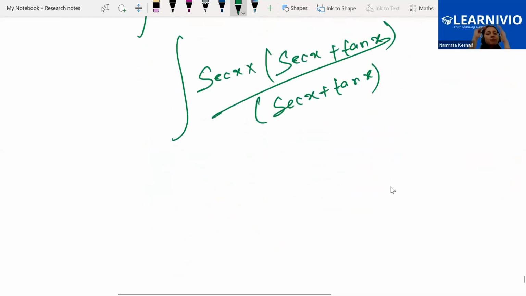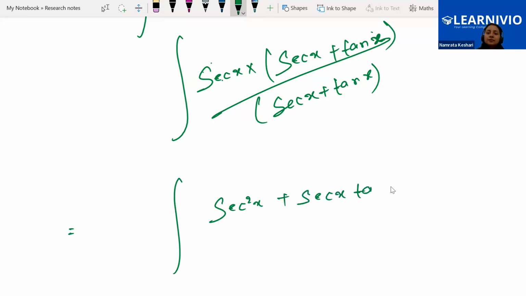If we multiply the same thing in the numerator and denominator, we are not doing any drastic change, right? Let me check whether it will work. Sec into sec, this will be sec square x, and sec into tan will be sec x tan x, and in the denominator we will have sec x plus tan x.